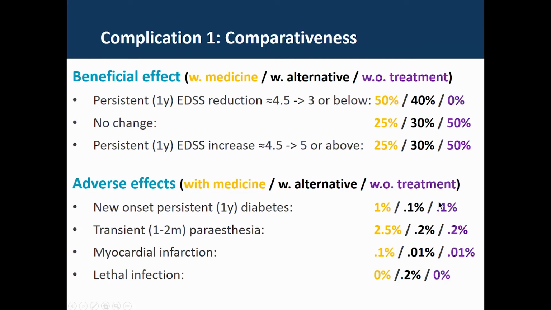However, this alternative medicine has a slightly increased risk of another adverse effect, lethal infection, compared to the non-treated patients, which the new medicine doesn't have. So that further complicates things. And now, what do we do if we want to get to the point where we can actually recommend either of these 2, if any of them?